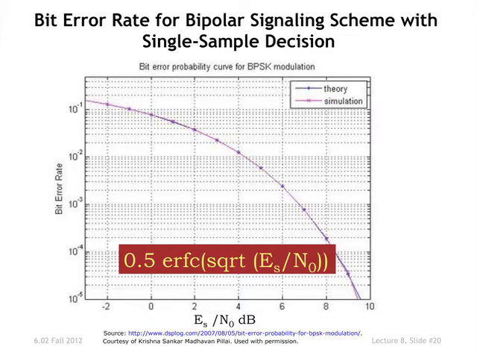Okay, so you're really thinking of signal to noise ratio along this axis in dB, and the probability of error on a logarithmic scale down here. So as the signal to noise ratio increases, as the signal becomes more powerful relative to the noise, the probability of error decreases.